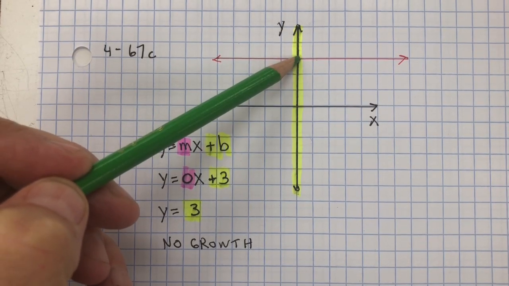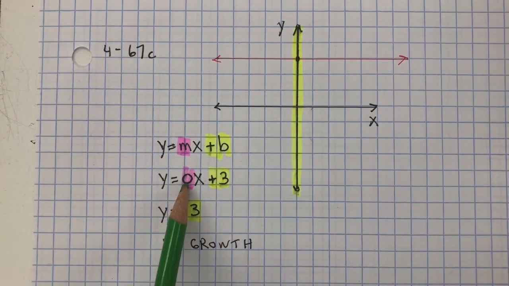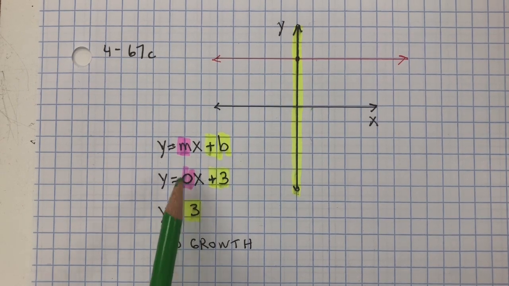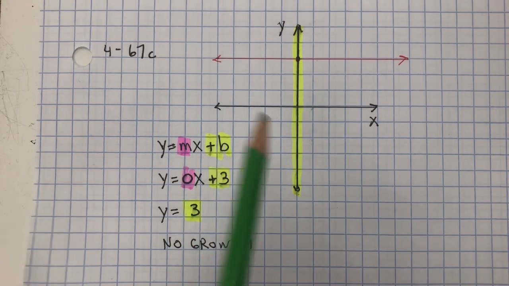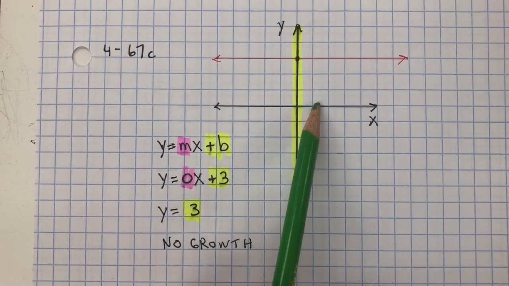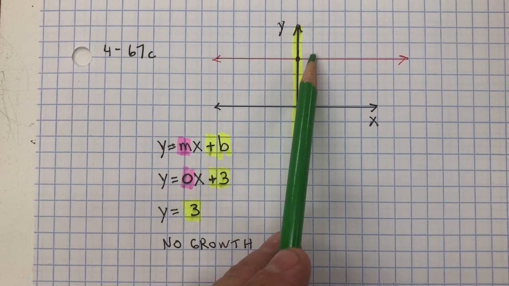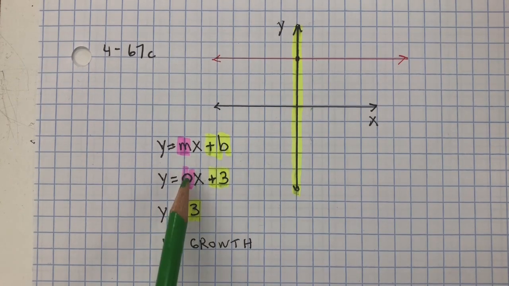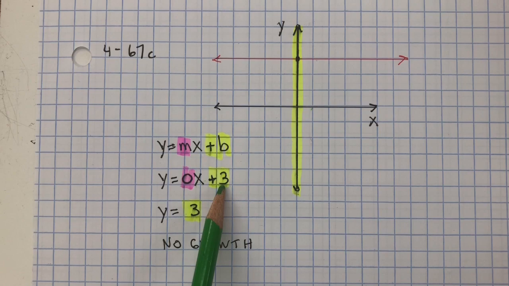That's our y-intercept. Well, if x equaled 1, 0 multiplied by 1 is 0 plus 3, so y would also be 3. If x is 2, 0 multiplied by 2 is 0 plus 3 is 3.